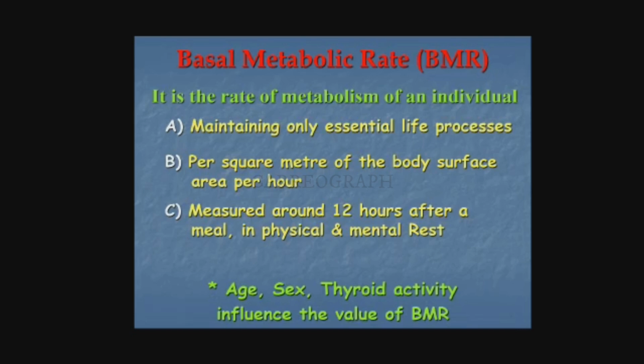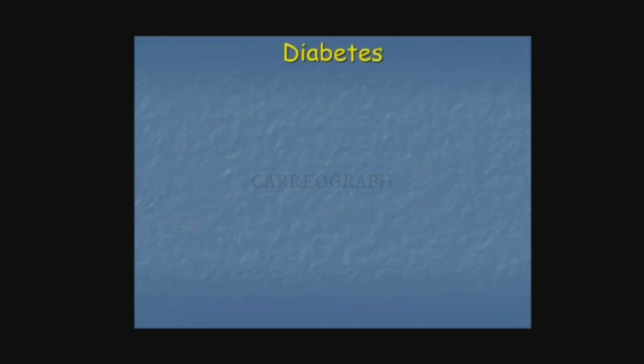So we have seen, friends, that basal metabolic rate is the rate of metabolism of an individual. Now friends, when there are abnormalities in the process of metabolism, then we suffer from a very chronic disease called diabetes.